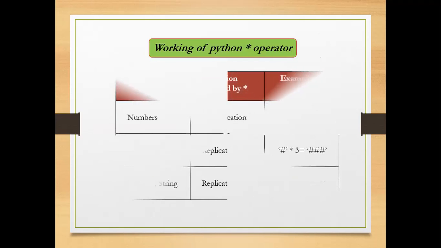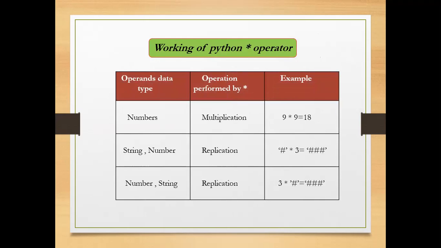Now, how does the multiplication operator work in Python? If both the operands are of number type, then the operation performed by asterisk is that of multiplication.